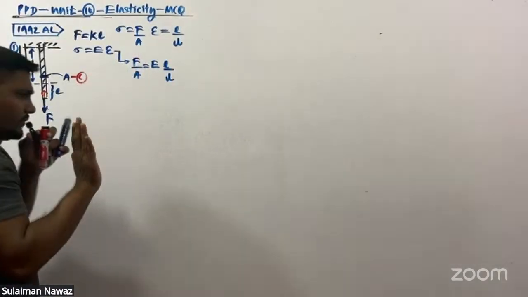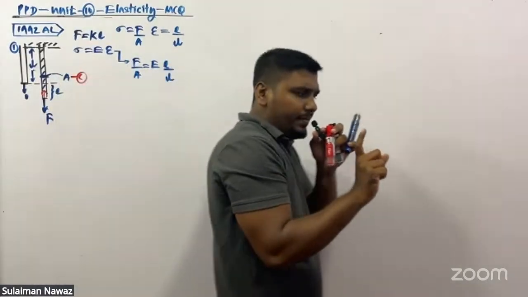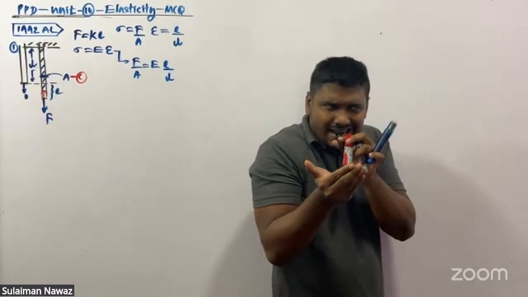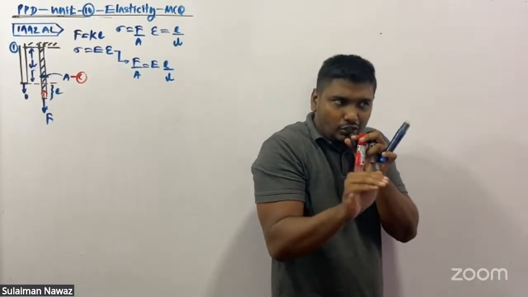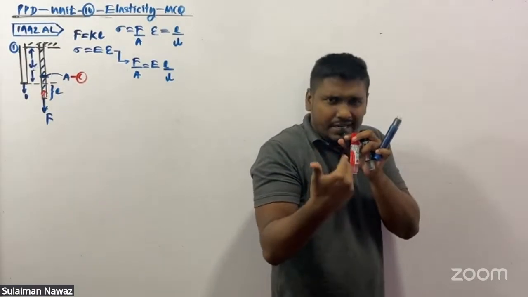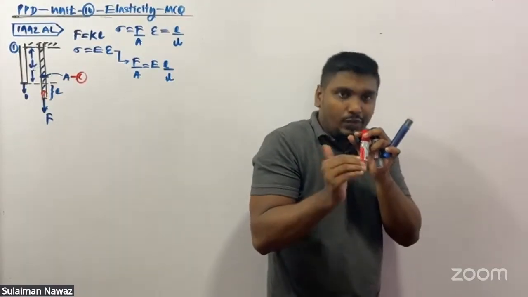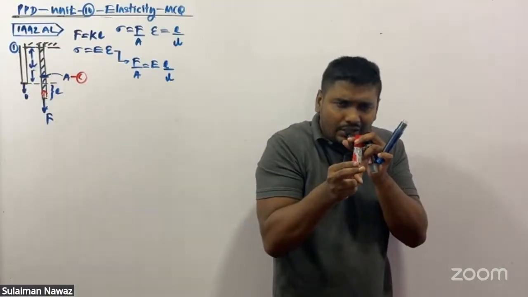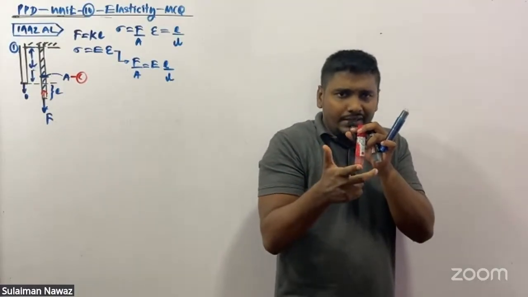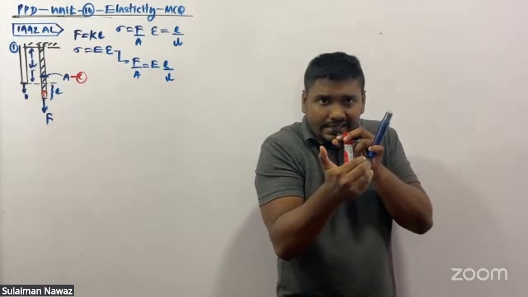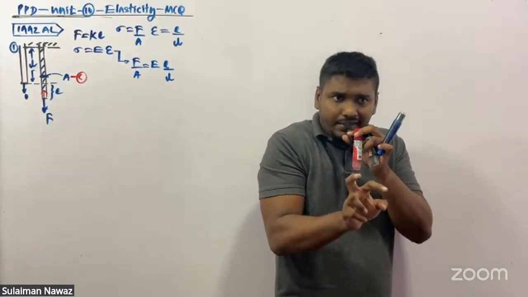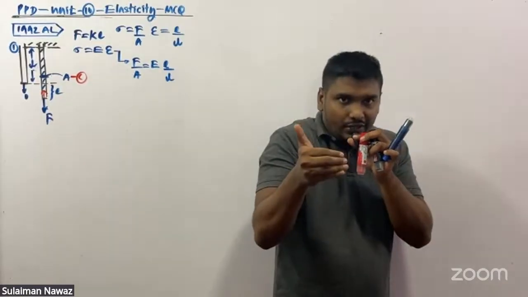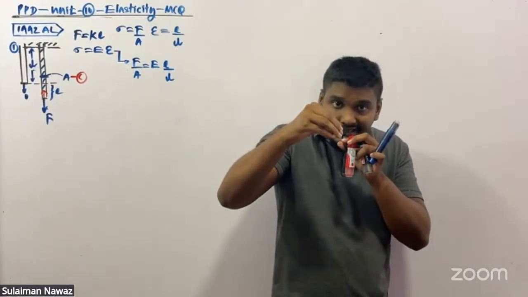First important thing I want to tell you: when they talk about two or three different rods connected together, they can connect the rods, springs or strings either in series or in parallel. Now I will tell you what to remember when they connect in series.